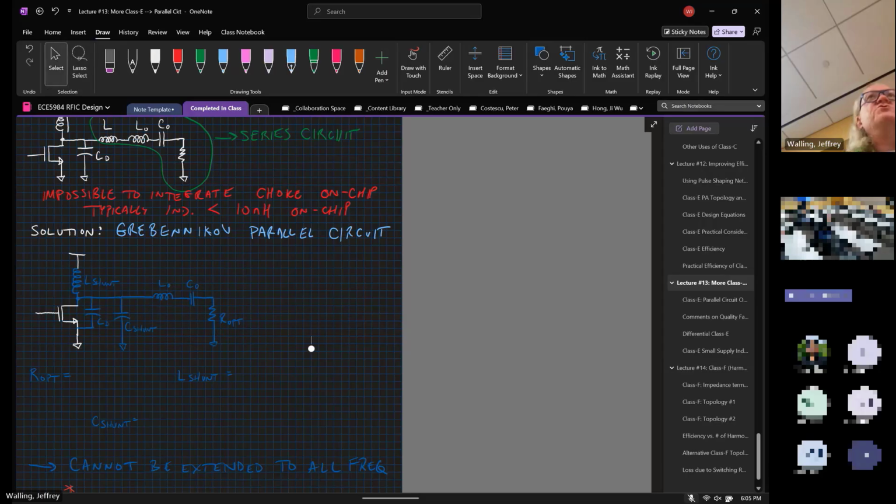Anyhow, what he did was explicitly take this circuit, which we showed before as that combination of drain parasitic, shunt capacitance, and shunt inductance. And that is now a parallel circuit, if you will.